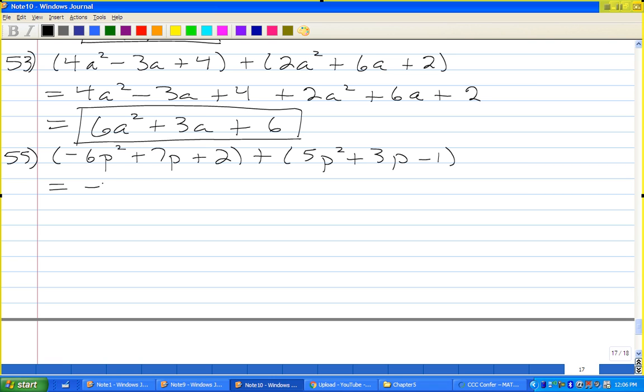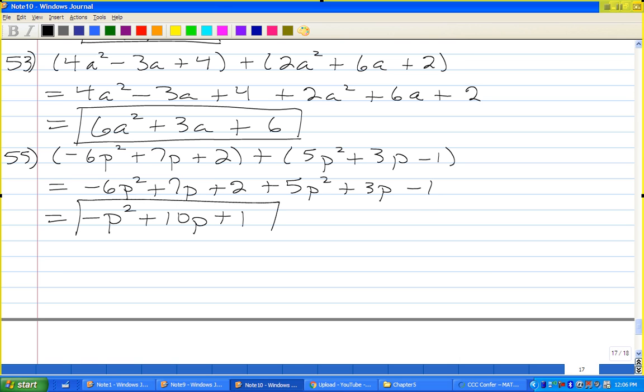So this is negative 6p squared plus 7p plus 2 plus 5p squared plus 3p minus 1. I have here a negative 6p squared plus 5p squared, negative p squared, 7p plus 3p, 10p, 2 minus 1, 1. And that is your answer. 57.